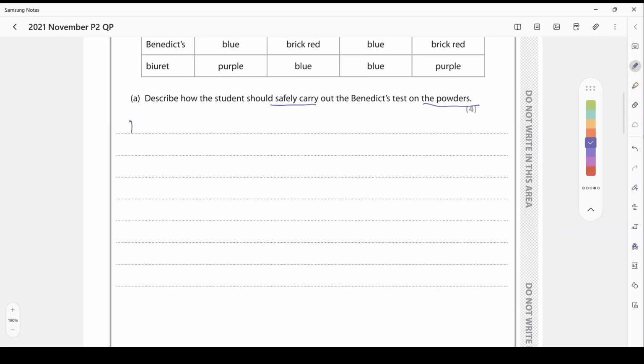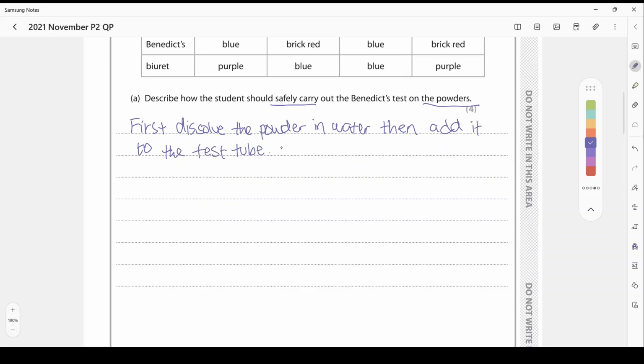All right, so you'd say first, dissolve the powder in water, then add it to the test tube, then add Benedict solution into the test tube.